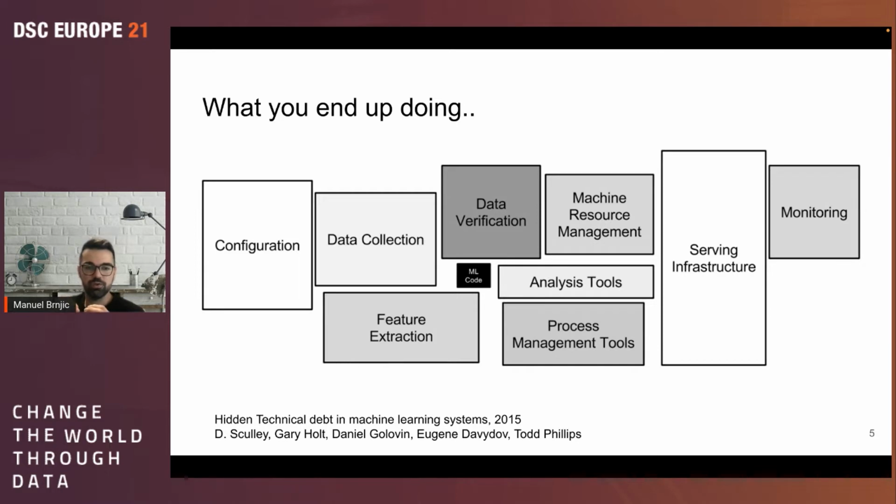Most of his time he's spending with data collection, taking care of data verification, implementing some monitoring measures. He has to think about process management tools, configuration, serving infrastructure. So a lot of stuff that actually is not meant to be his main area of expertise or his main area of work, what he got hired for by the company.